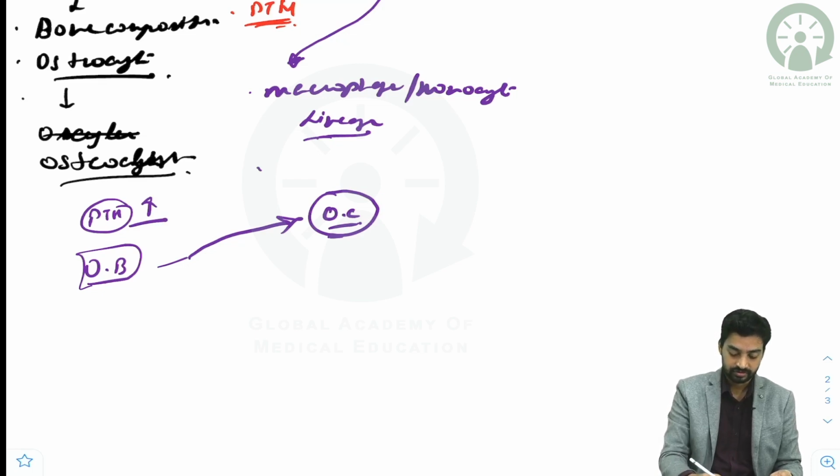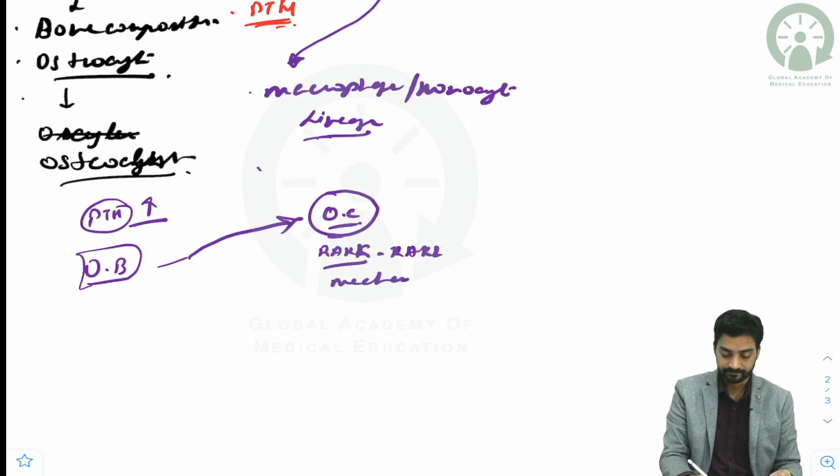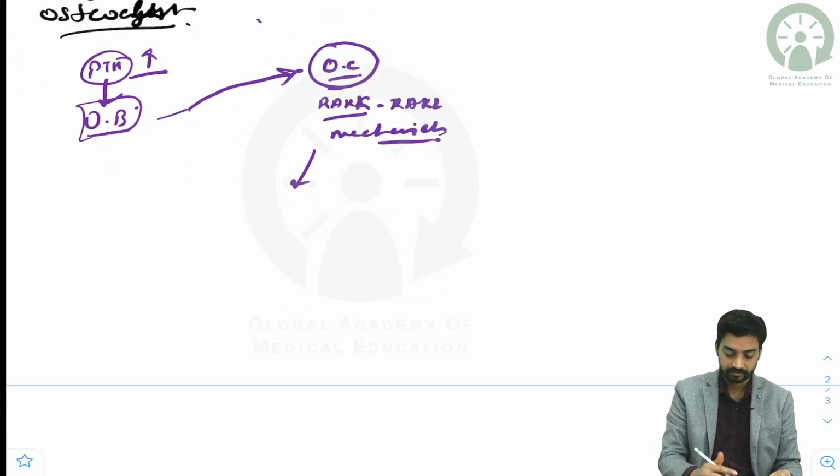In osteoclast it has the RANK and RANKL mechanism. So under the influence of PTH, it activates osteoblast and simultaneously osteoclast gets activated and forms its mature form.